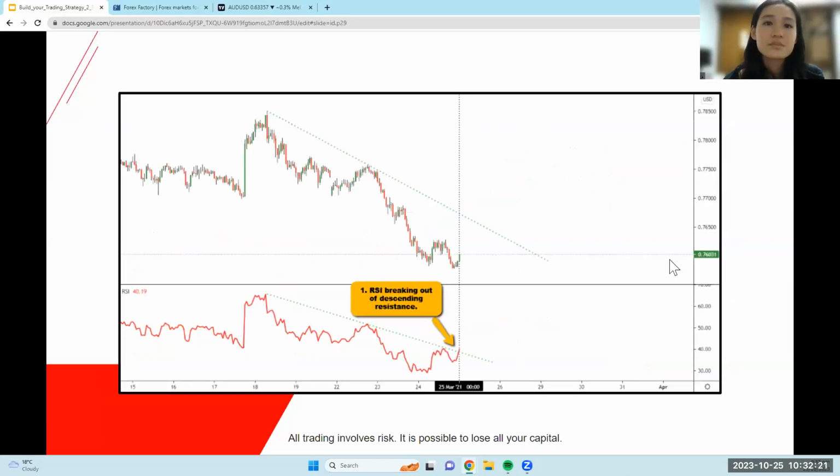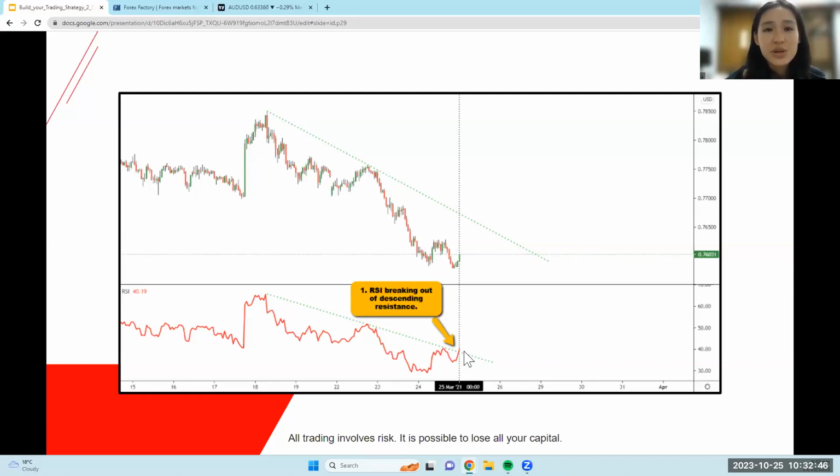Okay. So here as well, in this case, we have a descending trend line, but we are expecting price to break out of it and head upwards. So price is moving downwards here. This is actually not a valid trend line because you guys will know that a valid trend line requires 3 significant touches, whereas here we only have 2.